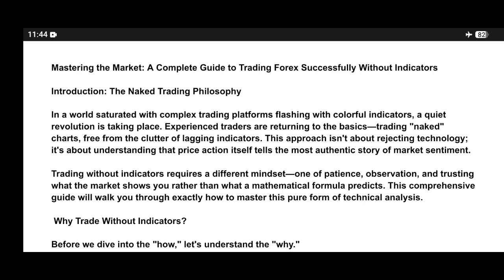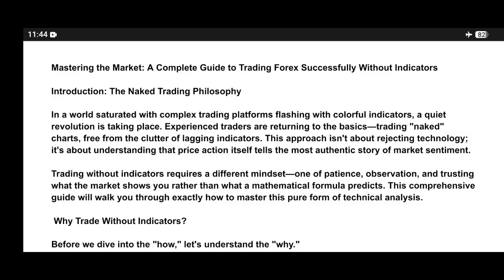So let's continue. In a world saturated with complex trading platforms flashing with colorful indicators, a quiet revolution is taking place. Experienced traders are returning to the basics, trading naked charts, free from the clutter of lagging indicators.